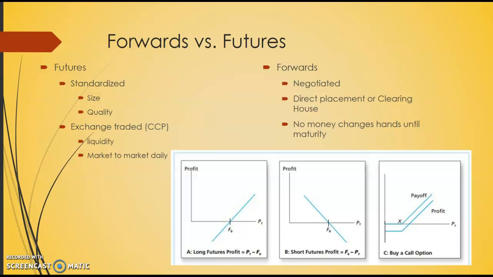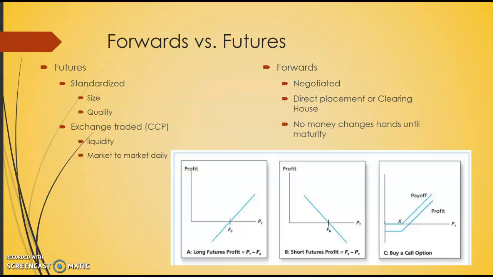Then as you had more farmers dealing with more millers, dealing with more bakers, and so on and so forth, things got streamlined and standardized into futures contracts. So futures and forwards follow the same logic, except that the futures contracts are standardized based on size, quantity, quality, those kinds of things.